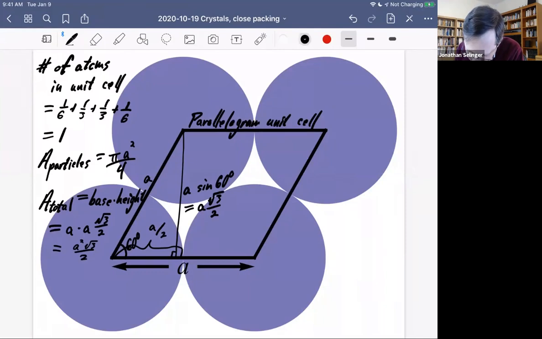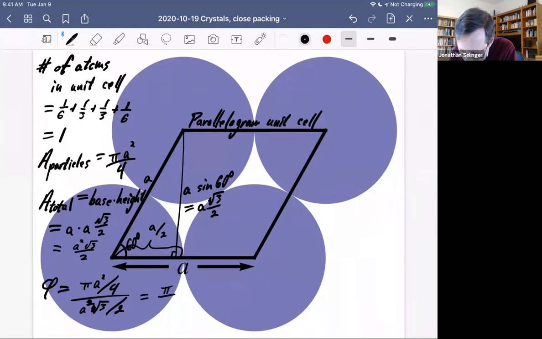So the phi for this case is equal to the area in particles, the pi A squared over 4, divided by the total area, that's A squared, not cubed, squared, root 3 over 2. So the A's cancel and we get this pure number, which is pi over 4 times 2 over root 3.